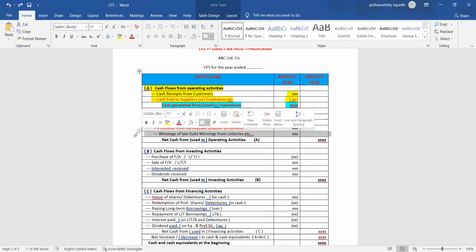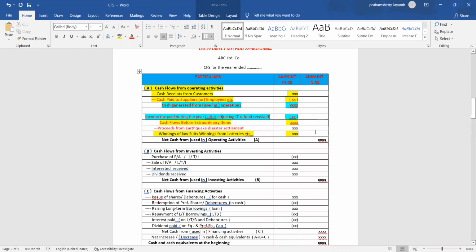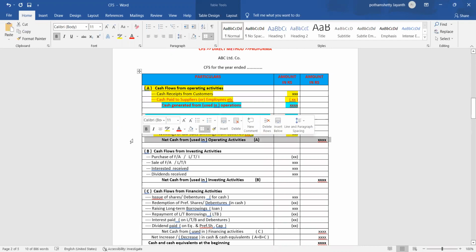Like that, if any lawsuit you have filed against any business related transaction, if such income is there, you add that. And any winning from lotteries and other things, you add that. Whatever balance is there, that is net cash flow from operating activities.